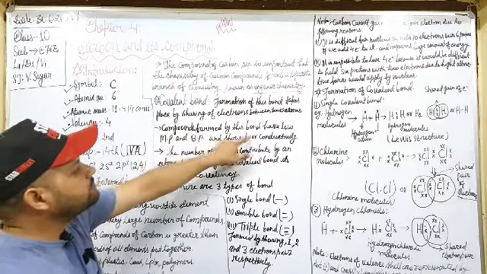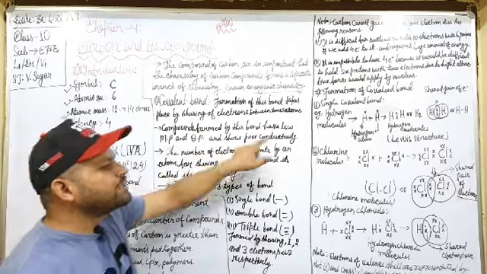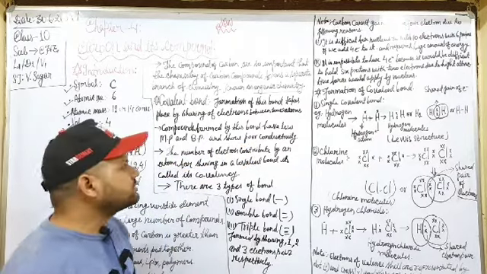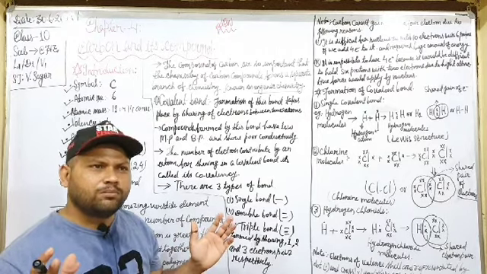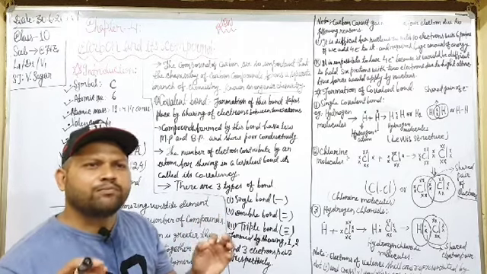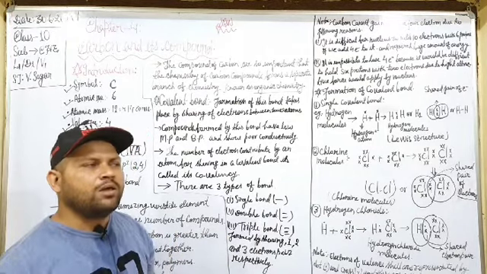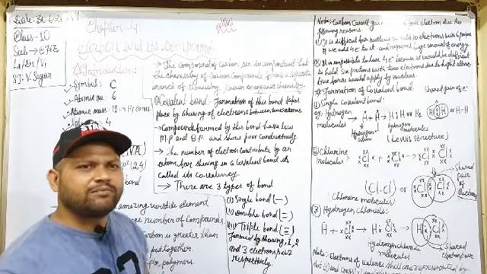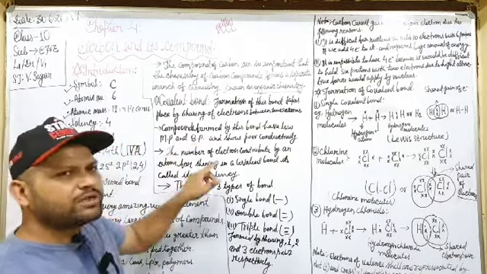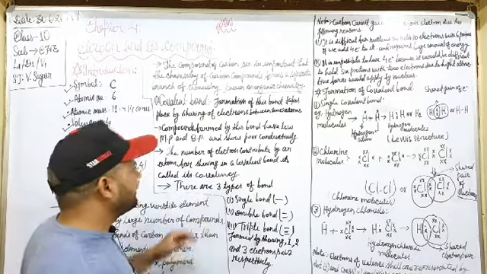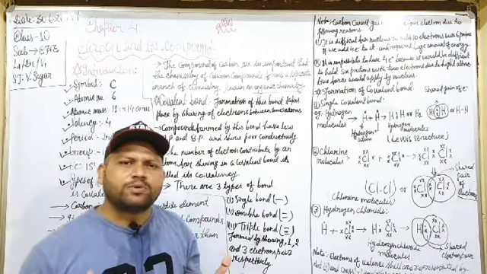Compounds formed by this bond have low melting and boiling points and poor conductivity, because covalent bonds are held by weak forces of attraction. That's why they have low melting points; by giving a little heat they can be broken. They also have low boiling points, and conduction of electrons cannot take place very fast.